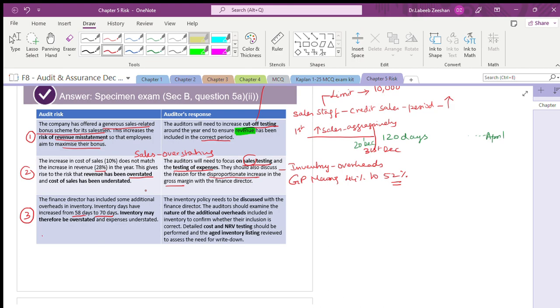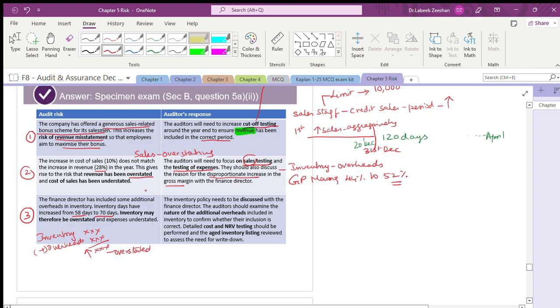You have some amount of inventory, plus you are adding overheads, which overheads we don't know. The value of inventory will increase. When the value of inventory increases, it means that your inventory has been overstated.